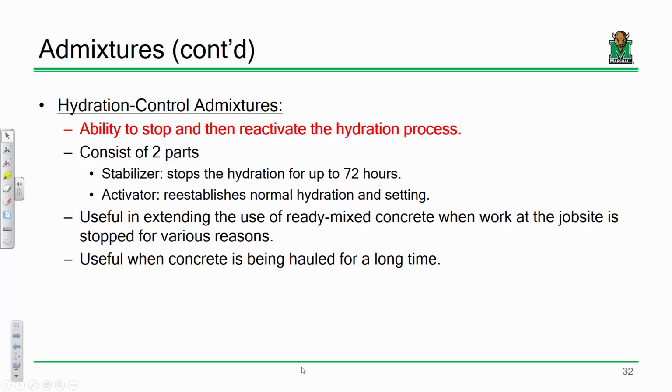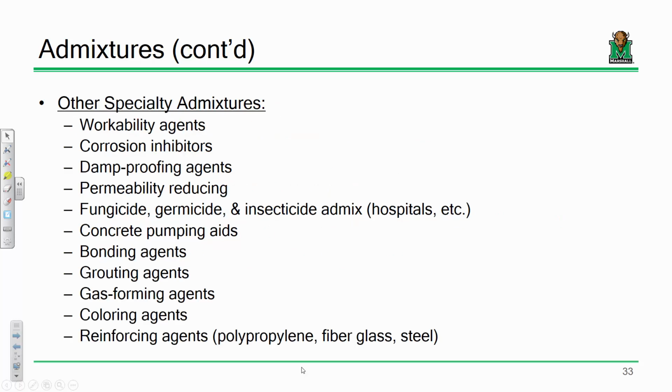So it's useful in extending the use of a given type of concrete when you've got to place that at a different time. There's usually a stabilizer that gets put into the mix, and that sort of stops the hydration reaction for a little bit, and then you activate it back up again. So I personally haven't dealt with any projects where that's been used, but it's just something to think about.